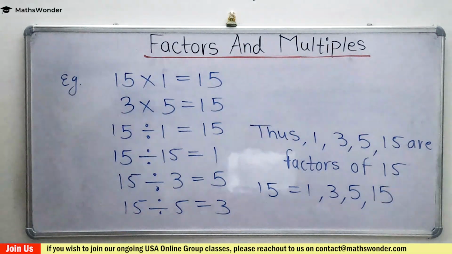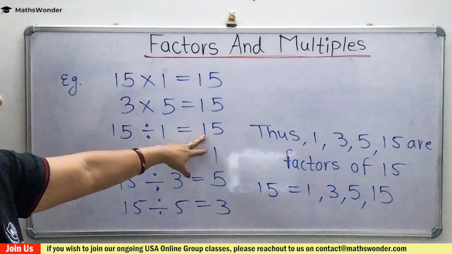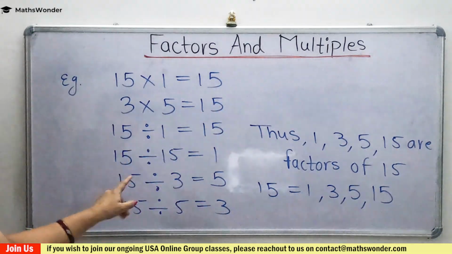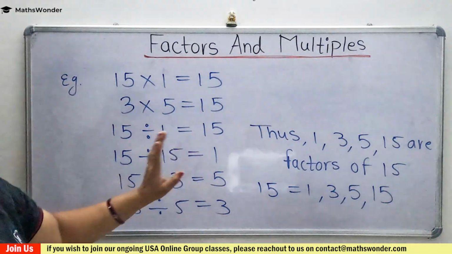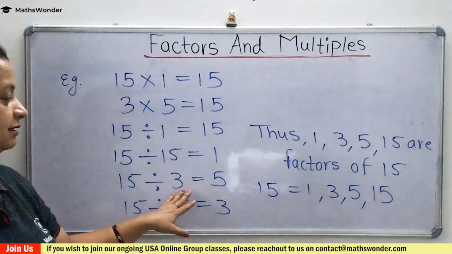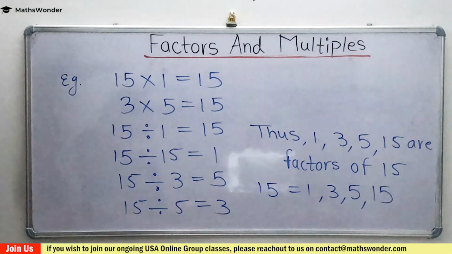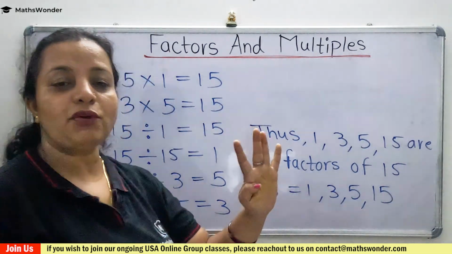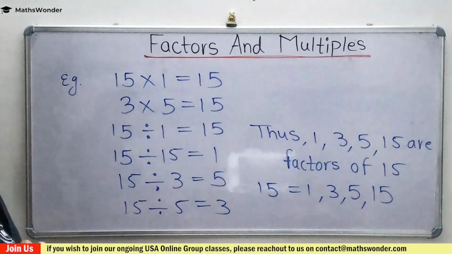Because they do not leave any remainder when you divide. 15 divided by 1 gives 15, no remainder. 15 divided by 15 gives 1, so the quotient is 1 and the remainder is 0. 15 divided by 3 gives 5, remainder 0. Same with this. So 15 has 4 factors.